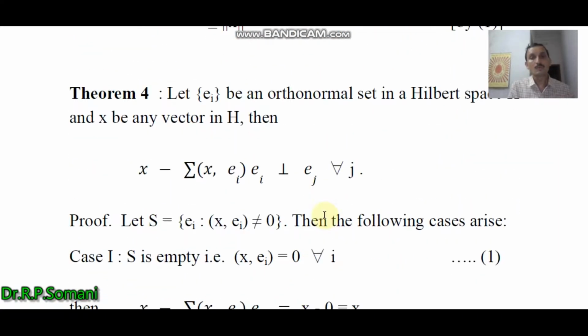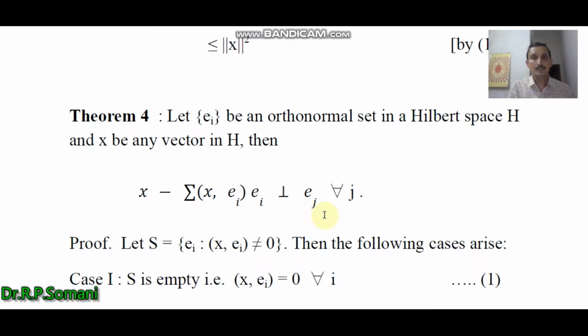Now we prove theorem 4, a similar result as in theorem 1: if {e_i} is an orthonormal set in a Hilbert space H and x is any vector in H, then x minus the summation of ⟨x, e_i⟩ e_i is orthogonal to e_j for all j.